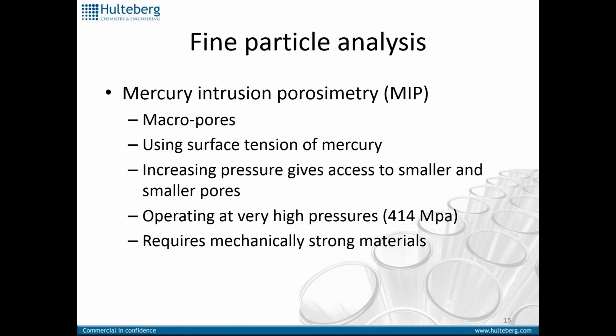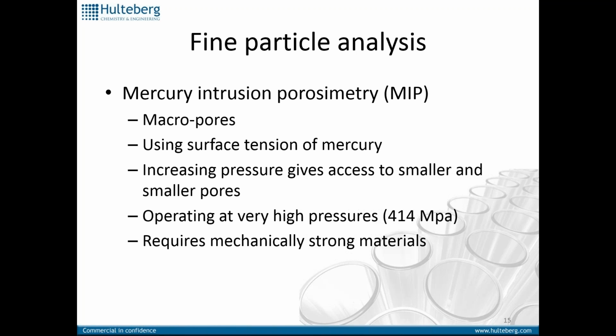What we do is add a pillar of mercury on top of a sample, and by increasing the pressure, we physically force mercury into smaller and smaller pores. And the volume for each pressure increase gives us the pores in that size range.